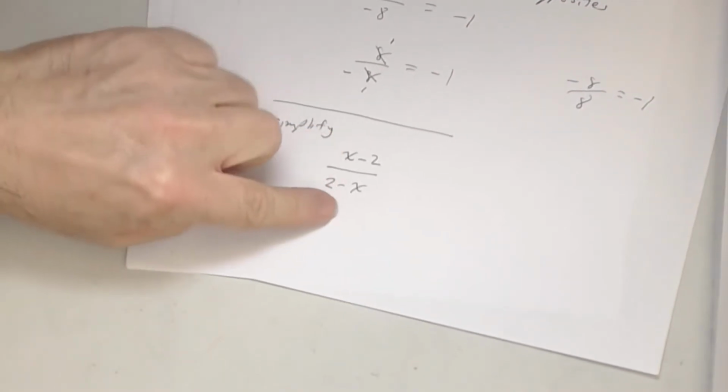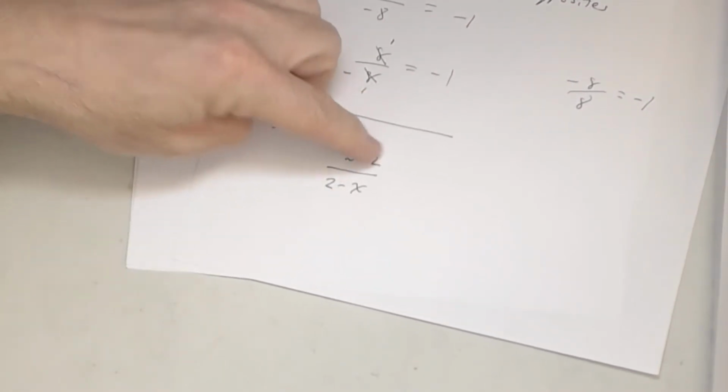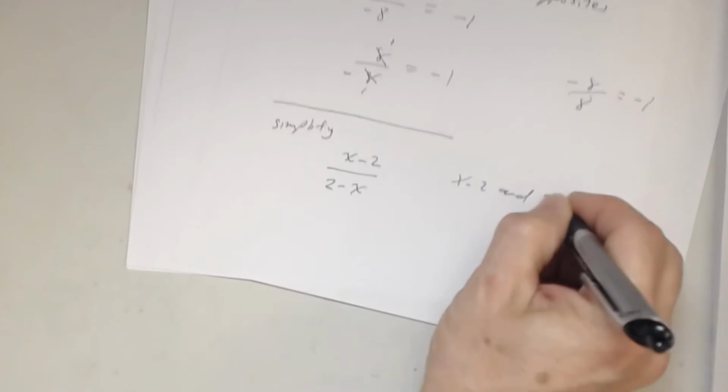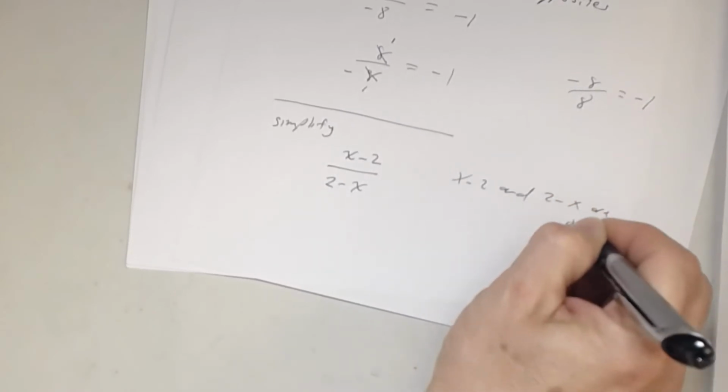All right, so in other words, here you have positive x, here you have what? Negative x. Here you have negative 2, here you have positive 2. So those two binomials are opposites of each other. x minus 2 and 2 minus x are opposites.